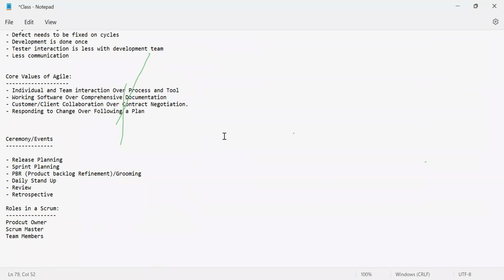Then the functionality of the application is broken down into smaller chunks. For example, so that you understand, anybody want to call out an application?